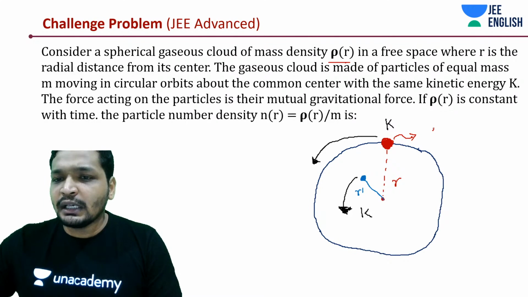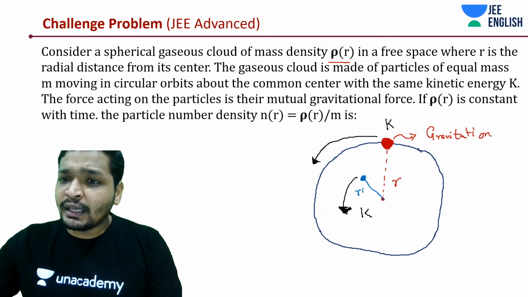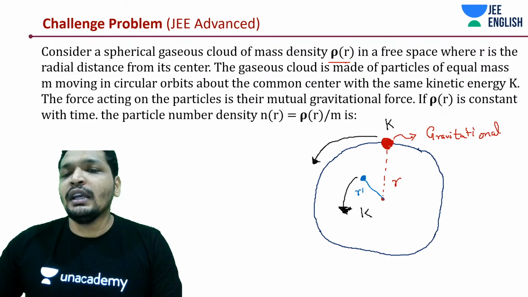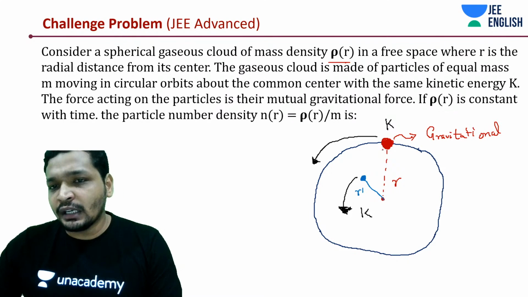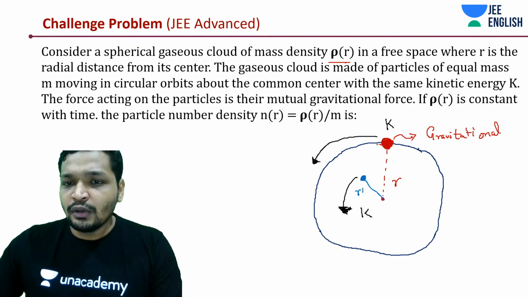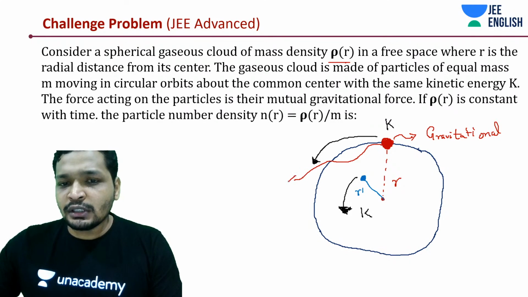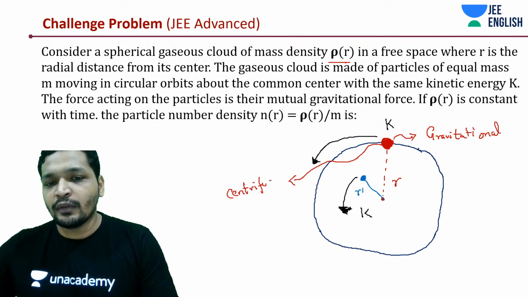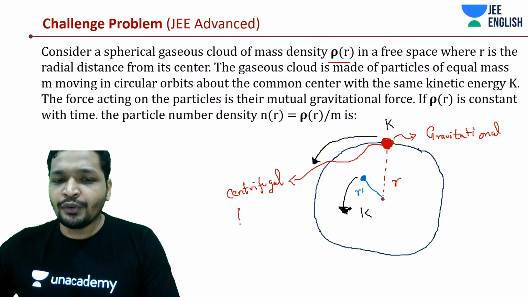One is gravitational force, which is holding them together. Now what is the force that is pulling it out? It is going to be centrifugal force. Centrifugal force on this particle is going to pull it out. I'm just analyzing one particle because they are just asking you particle number density. It's an easy question, don't worry about it.